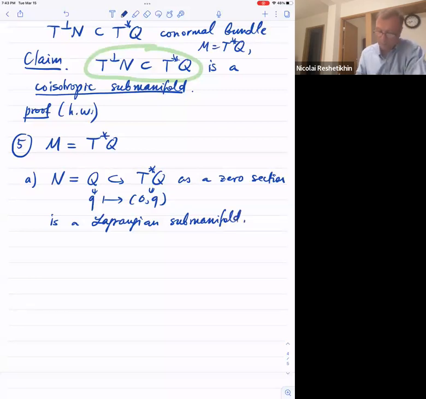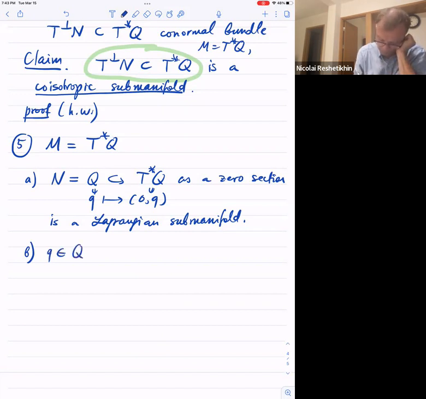It is both isotropic and coisotropic. I'll just give these examples without proof, but it's always good to prove these statements. That's the first example of a Lagrangian submanifold.